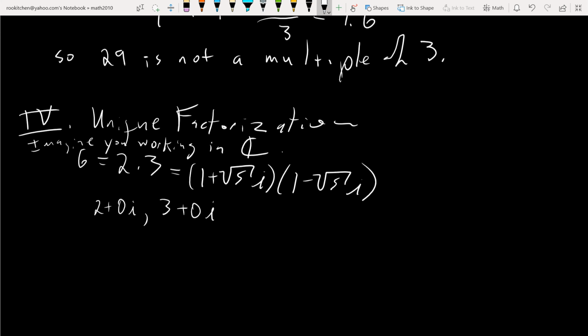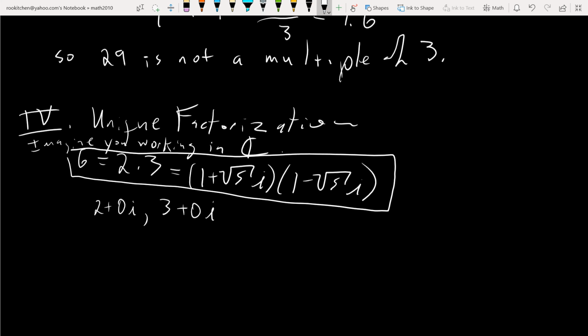When you don't have a unique factorization domain, this becomes a nightmare for your computer. If you have a unique factorization domain, you don't have to worry about 1,000 different ways to rewrite one number. You can just use 2 times 3.